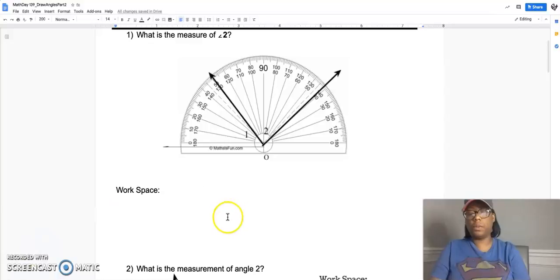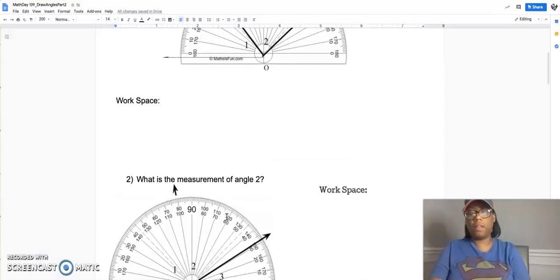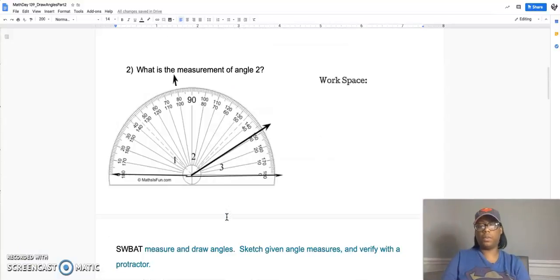Question number 2. What is the measurement of angle number 2? So we're going to take the same exact steps that we took for question number 1, and that is to find the difference. When we're looking for the difference, what operation do we use? Correct, we use subtraction.